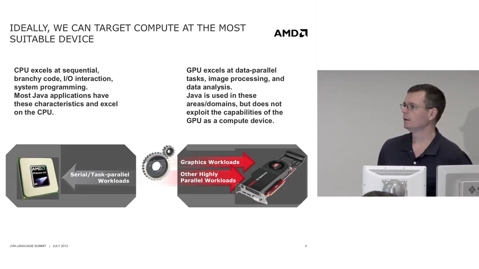And one interesting aspect of Sumatra is certainly to decide if the VM will be able to have enough smarts to determine on the fly what part of any workload may or may not be well suited to offload to the GPU. So that's another area that we will eventually get to investigate.